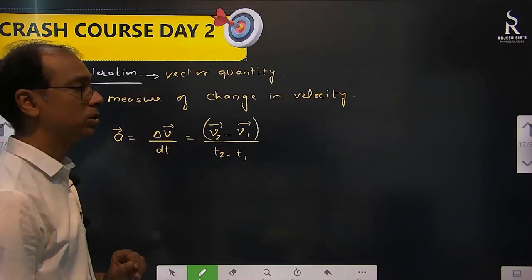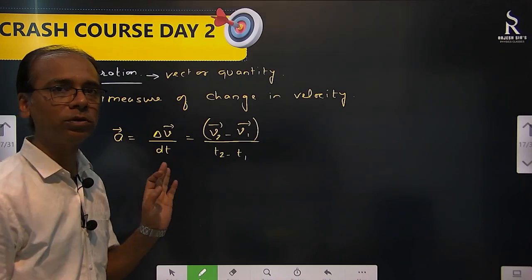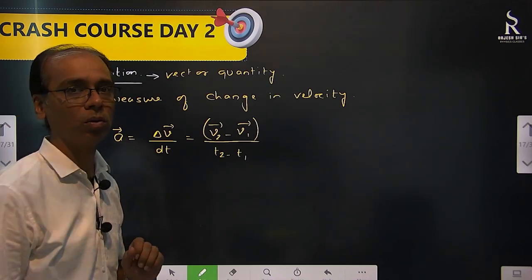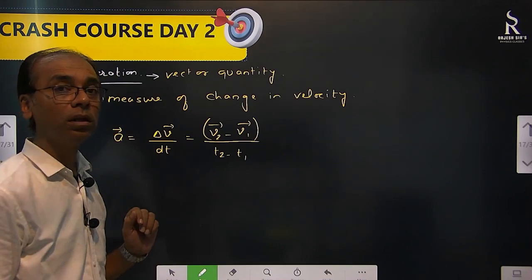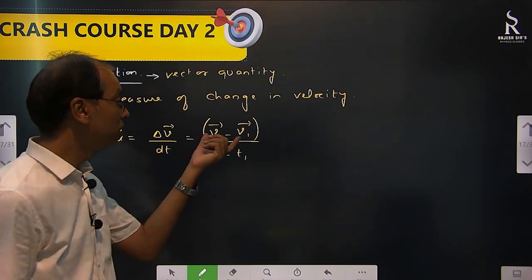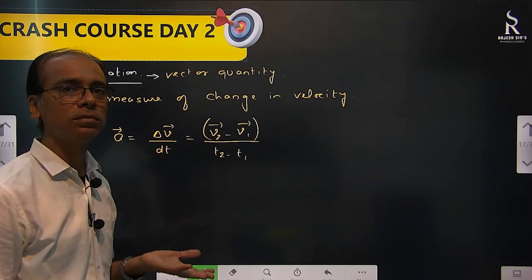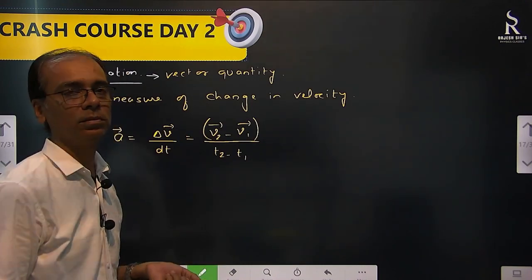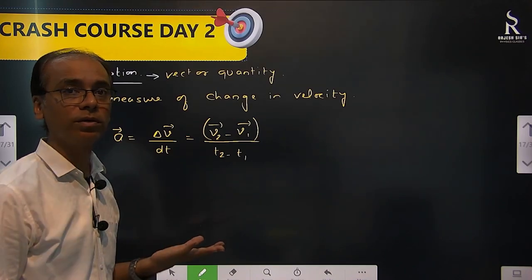It's a vector quantity. What about its direction? Towards east positive, towards west negative, towards north positive, towards south negative? No. It doesn't depend on that direction. It depends on change in velocity. If change in velocity is positive, acceleration is positive. If change in velocity is negative, acceleration is negative.